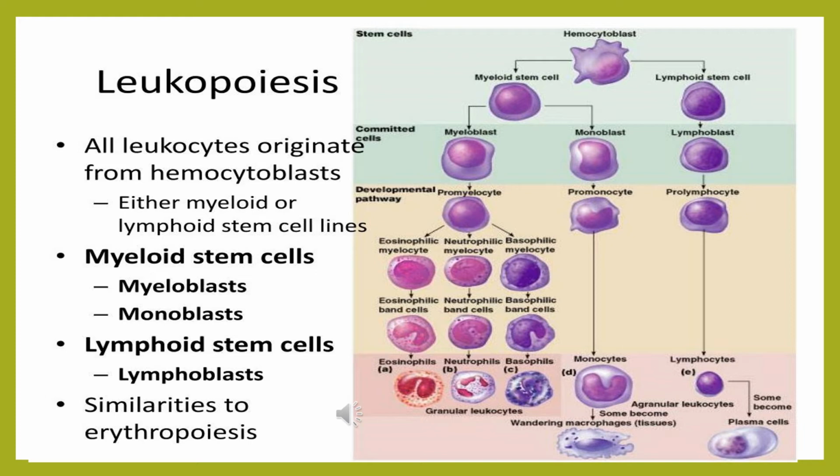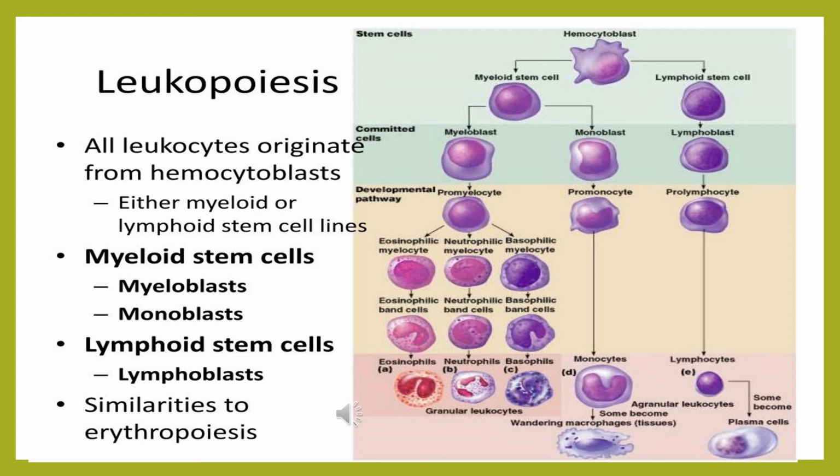Myeloid stem cells undergo division and differentiation to form myeloblasts and monoblasts, whereas lymphoid stem cells undergo division and differentiation into lymphoblasts. Now let's see the chart. At the top, we can see the stem cell hemocytoblast, which is present in the bone marrow cavity of long bones.